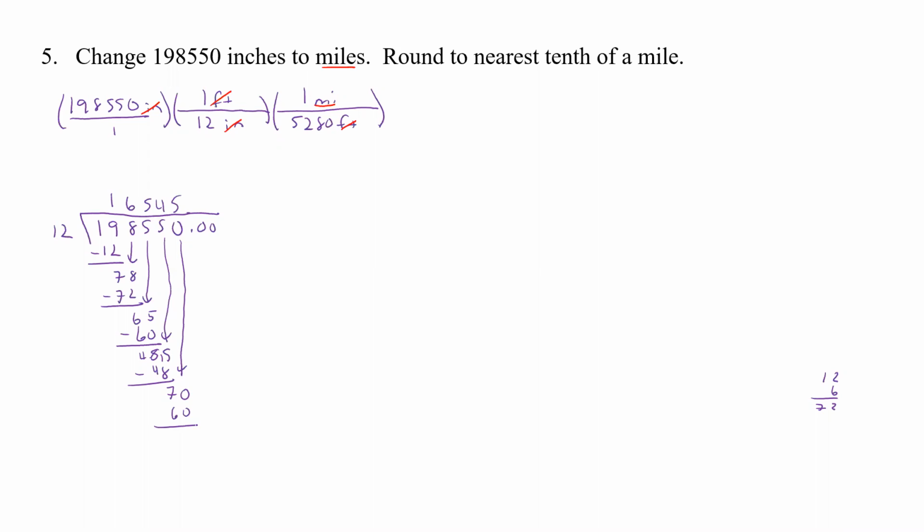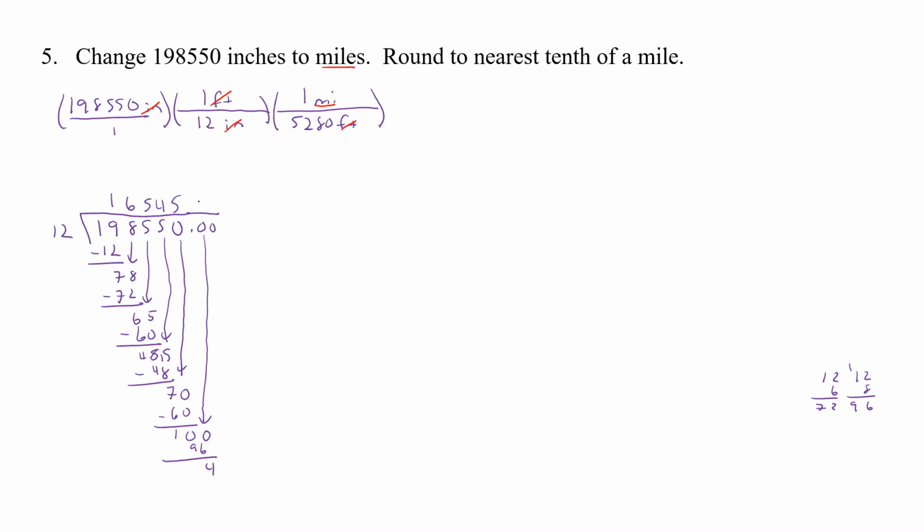That's 60. Subtract that. And so that's going to be 1, 0, and then bring down another 0. And so that's going to give us 12 times 8, and that's going to be 96. That's going to give us a 4.